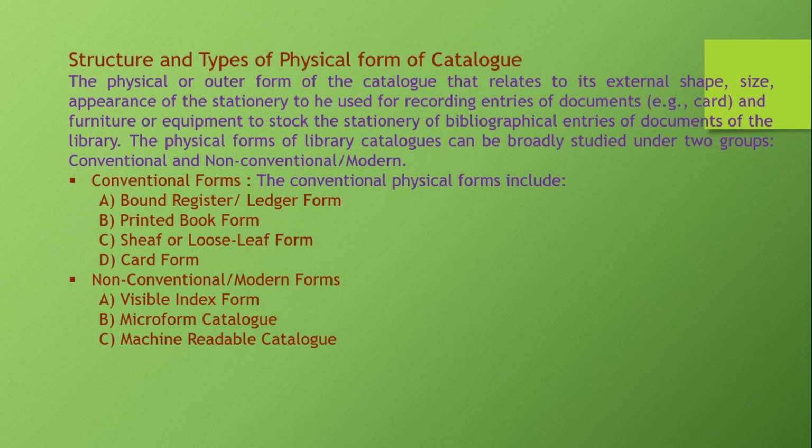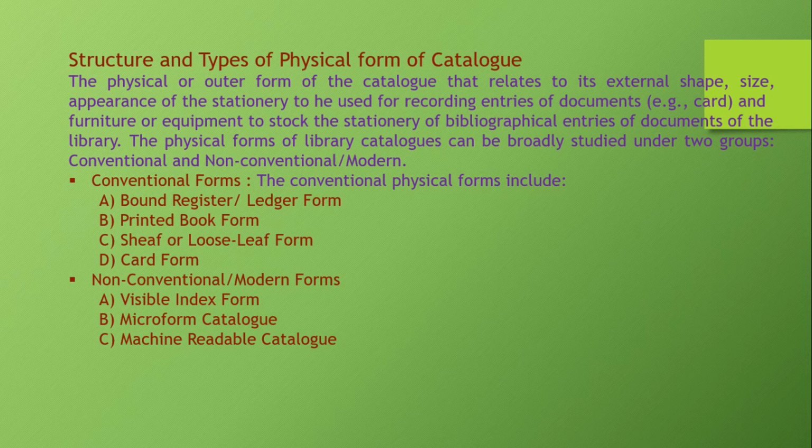The cards are usually of the size 12.5 by 20 centimeter. The card is inserted into a hinged clamped pocket, exposing the top portion. These pockets are held in a specially prepared steel cabinet.